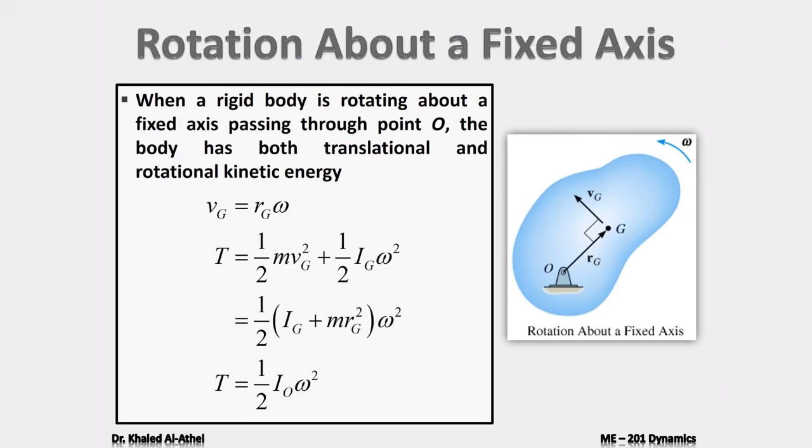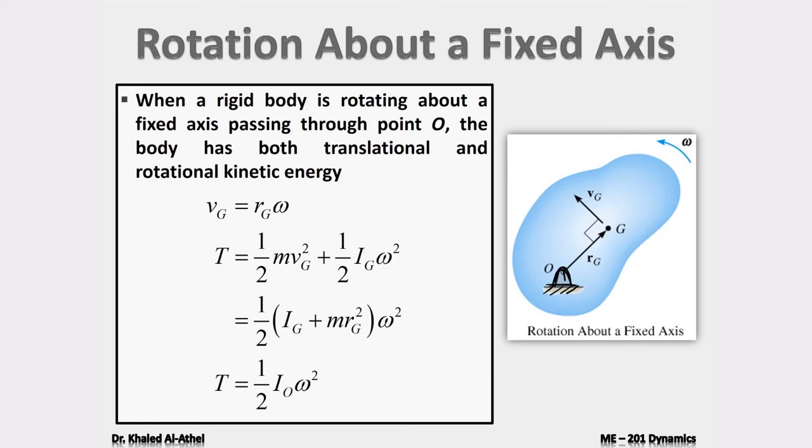Now, what if I have a rotation about a fixed axis? So I have the object shown on the right. As you can see, it is rotating about the fixed point O. In this case, I have a rotation around this point.